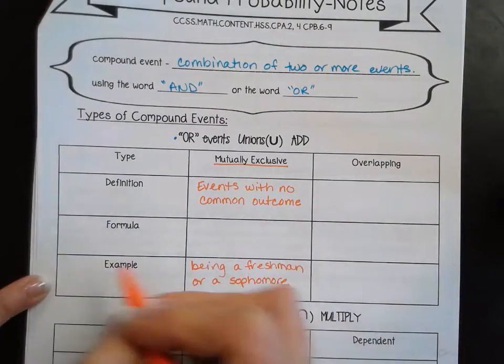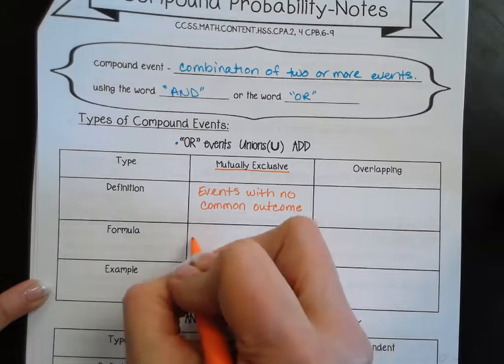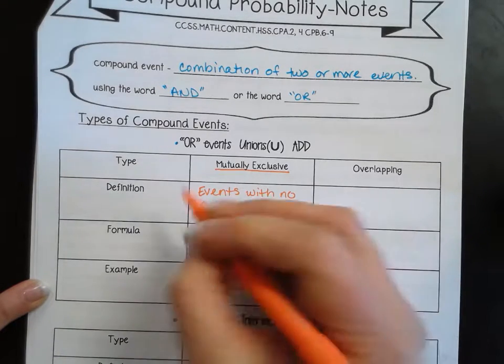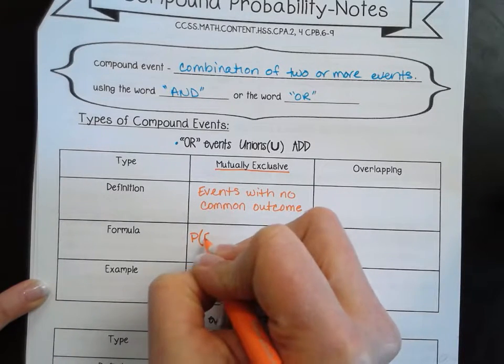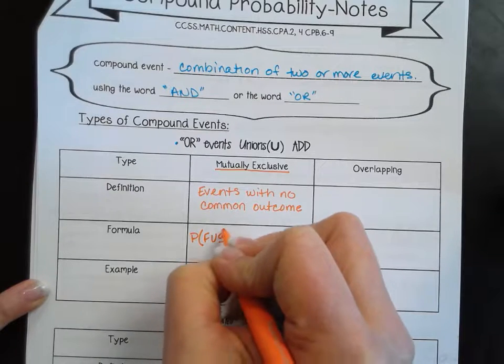Okay, and to find it, you would say, I want the probability of a freshman or a sophomore.